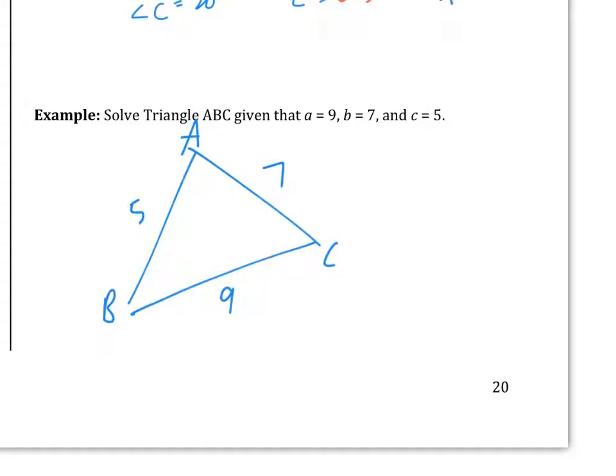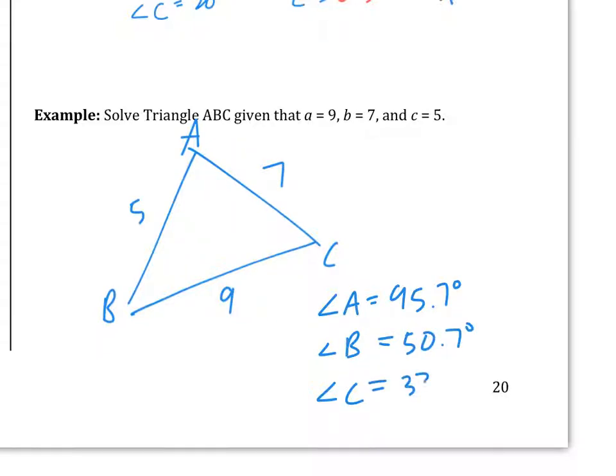So in the beginning, I would keep everything to at least 3 digits and then round at the very end. Okay, angle A, angle B, angle C. A is 95.7 degrees, angle B is 50.7 degrees, and C is 33.6 degrees. Again, please don't round until the very end.